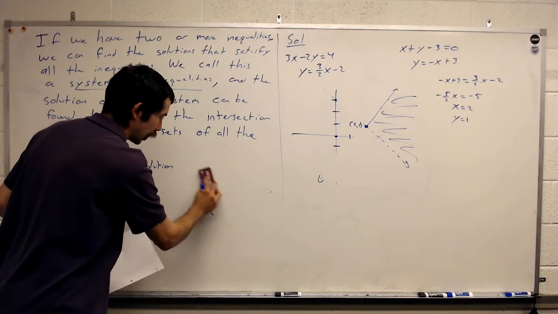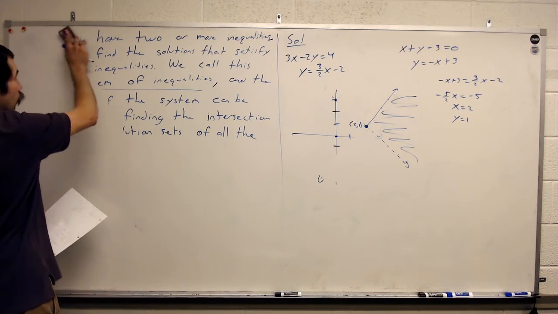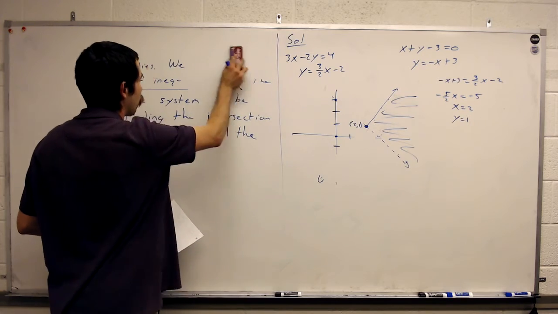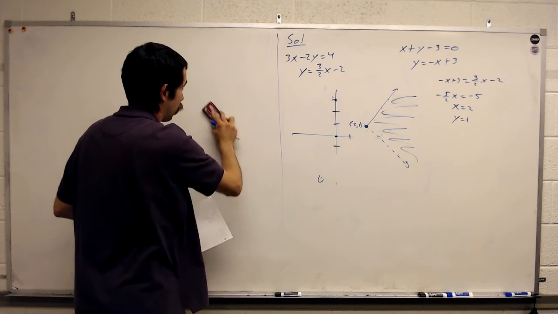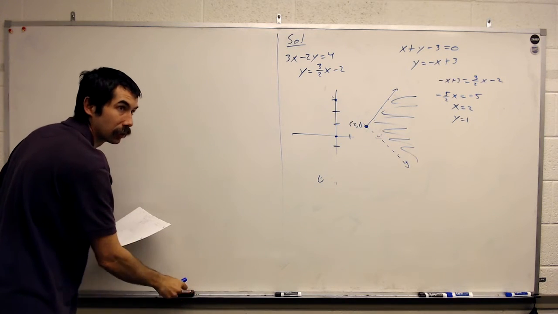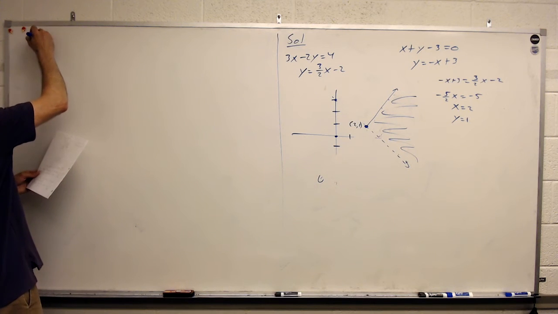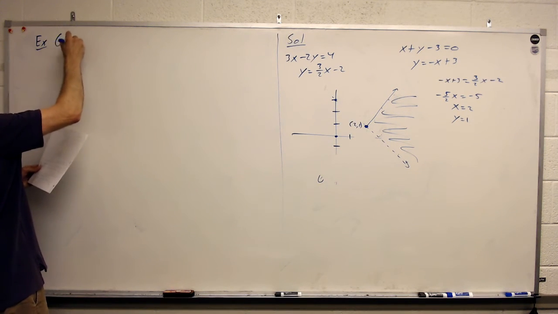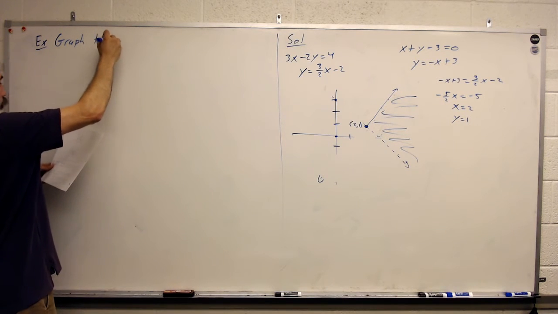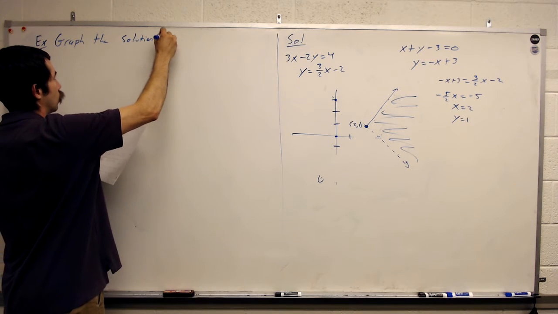Okay, let's look at another example. It's possible that we have more than 2 inequalities. We could really have as many as we want. So let's graph the solution to the system.